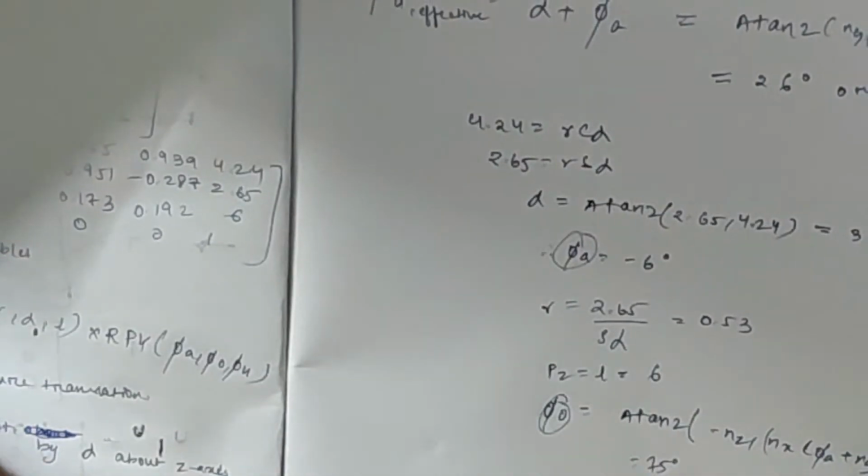Like these. Phi o and then phi n. Yeah, these are the RPY parameters, and alpha, r and L are the cylindrical position parameters.